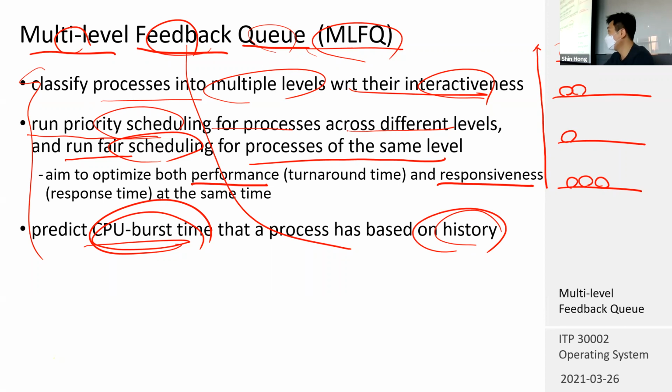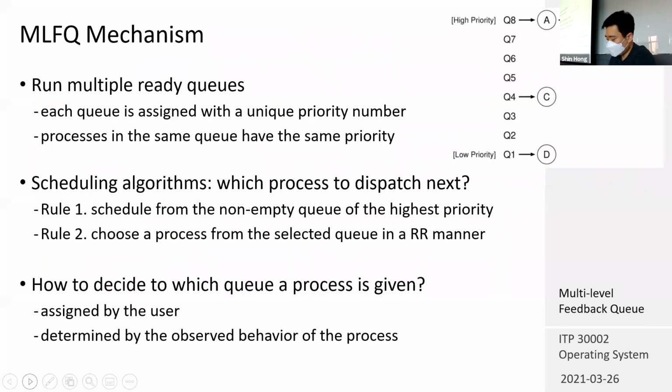Feedback means the recent record of each process. And using that as feedback, we can determine the CPU burst time and utilize it to implement a nice pseudo priority queue. That's the MLFQ approach. So let's check some more details of the MLFQ mechanism.